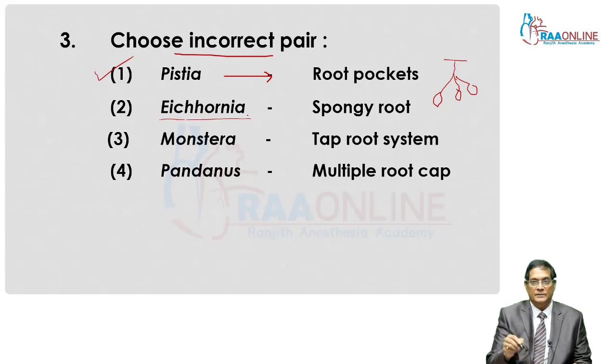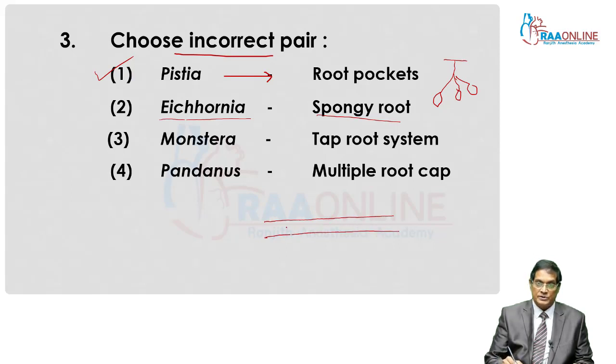Eichhornia, spongy root. Why spongy? Eichhornia is an aquatic plant. This is its offset or stem portion. These are the nodes. From these nodes, swollen spongy roots arise.